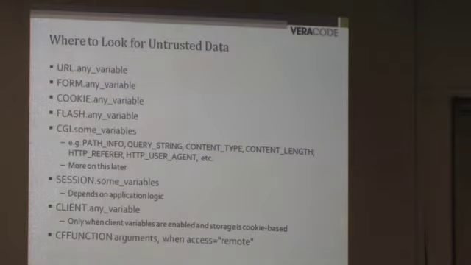So anything where a variable is being accessed in any of the scopes at the top, so the URL scope, the form scope, the cookie scope, I imagine those things are probably pretty self-explanatory where they're coming from. With the flash scope, that's the flash remoting gateway.